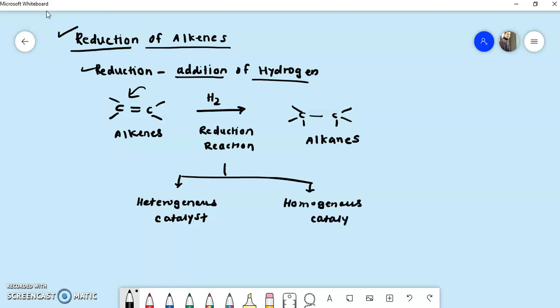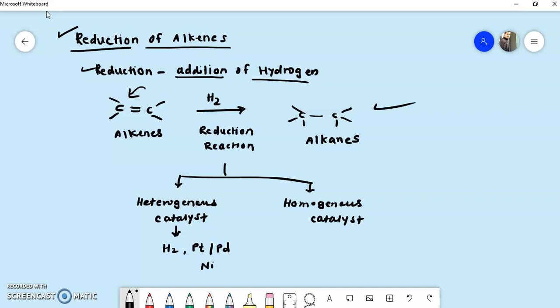In your syllabus, the heterogeneous catalyst is carried out using hydrogen gas on the surface of metals like platinum or palladium or nickel. Okay, so this is a heterogeneous catalyst. That means hydrogen gas is there, and that is on the surface of this platinum, nickel or palladium metal.